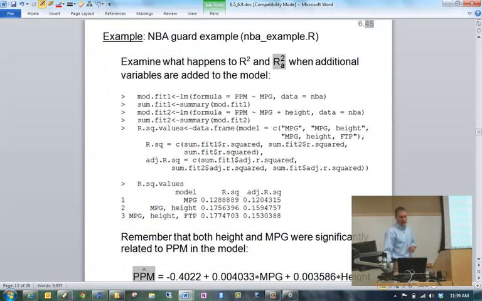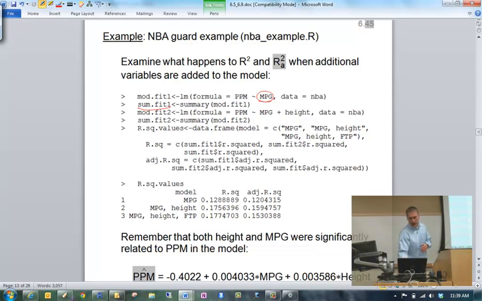So let's look at it in terms of the NBA guard data example once again. What we're going to do is look at 3 different models here and look at the R squares and adjusted R squares to see what happens. The most basic model only has MPG in it. I'm going to put the results in an object called mod.fit1, and summarize the fit and put that in sum.fit1.